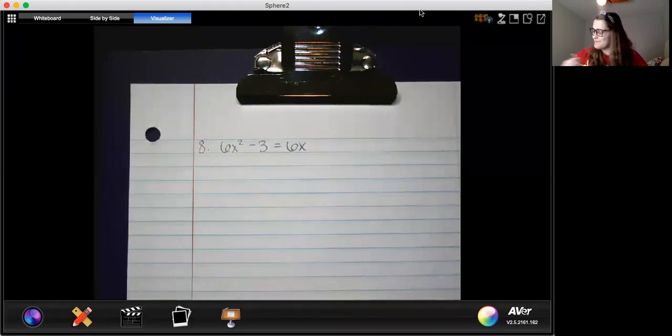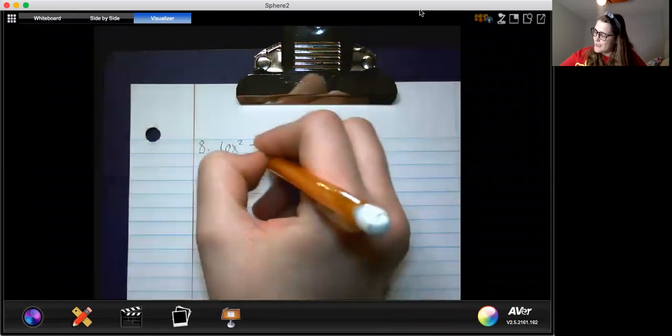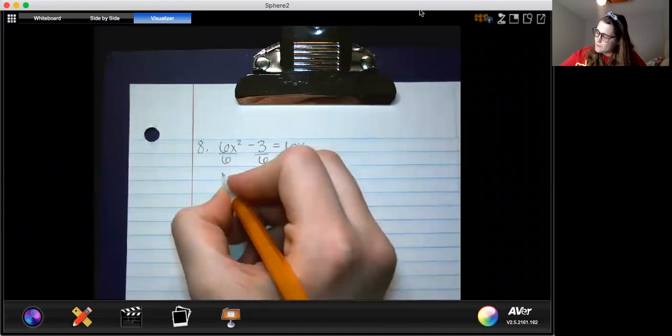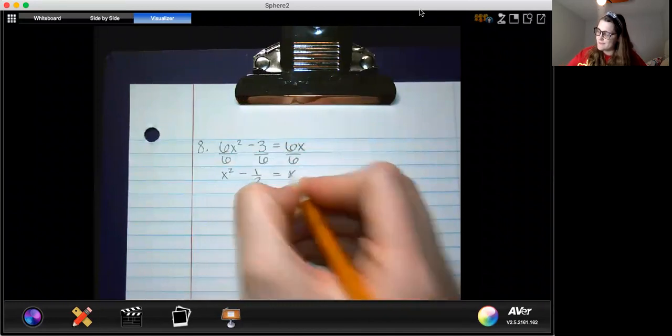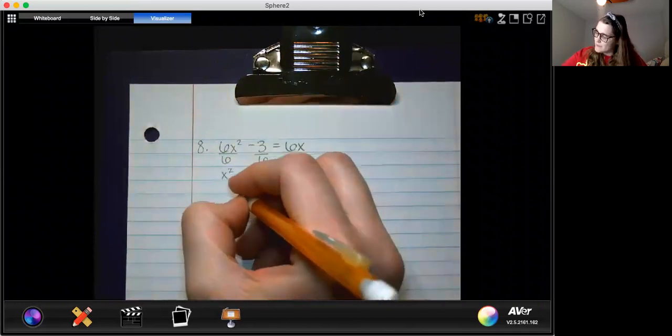Let's see how you did. So first thing I'm going to do is divide everything by a. So that's going to leave me with x squared minus 1/2 equals x. Now, clearly out of order, I'm going to put this in order for formatting for step 2 and insert my blanks.